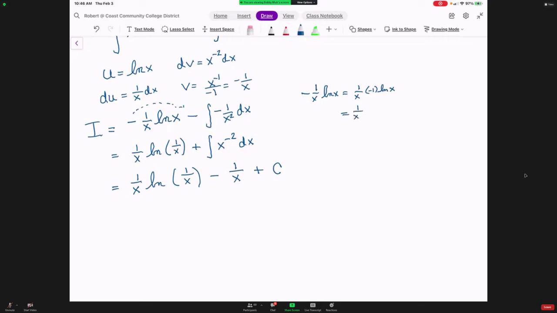So you can move that up into the exponent like that. Could you keep it as negative 1 over x times ln of x? Sure. The only reason I do that, like I said, is because I have a habit of losing these things. Okay. Thank you.